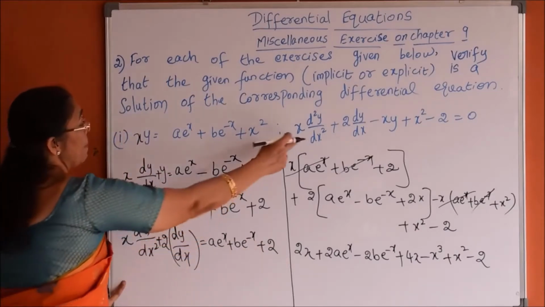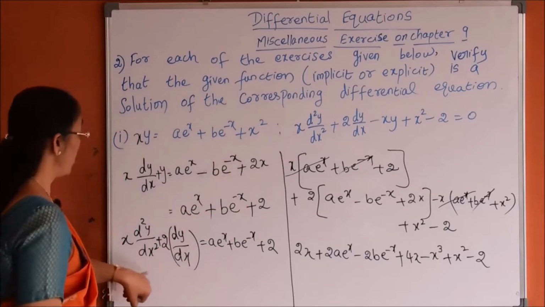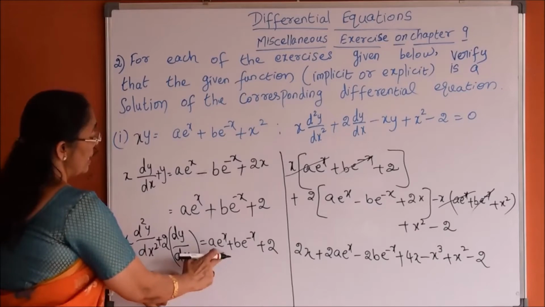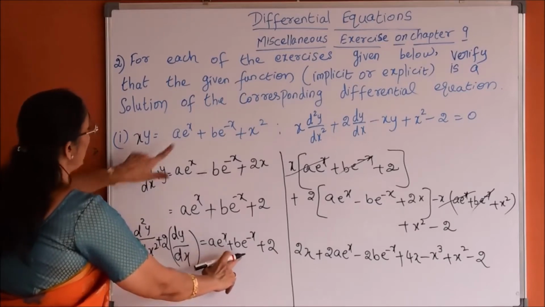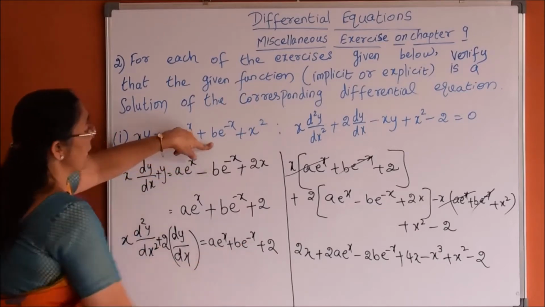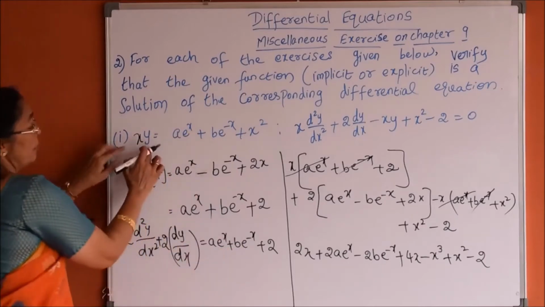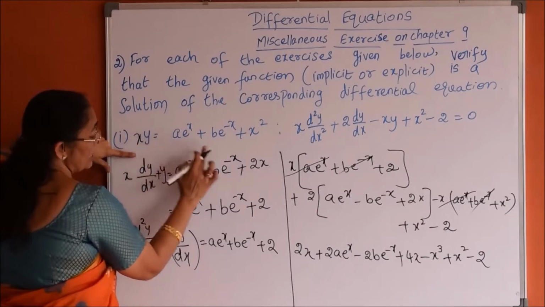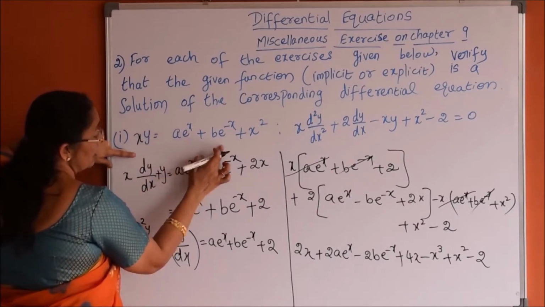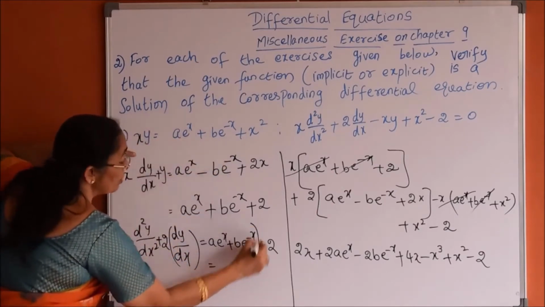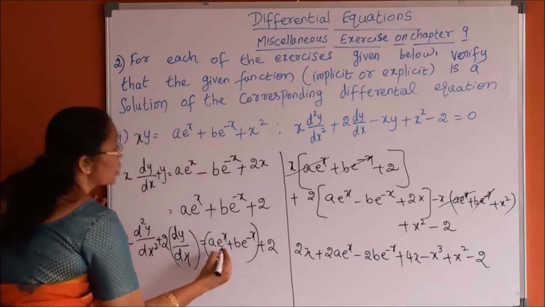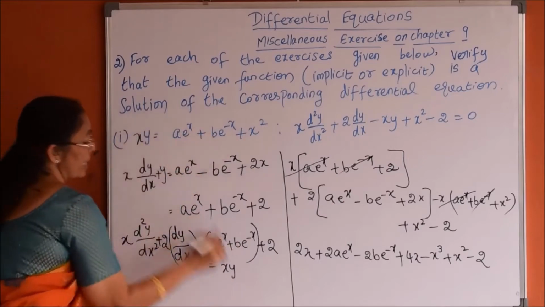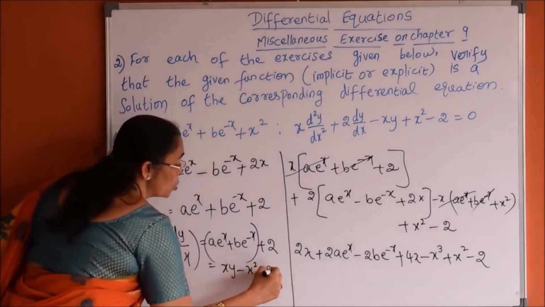We can just compare this and this: x into d square y by dx square plus 2 times dy by dx, and here this term a e power x plus b e power minus x is there. From here we can find this term value; a e power x plus b e power minus x is nothing but this term, xy minus x square, xy minus x square plus 2.